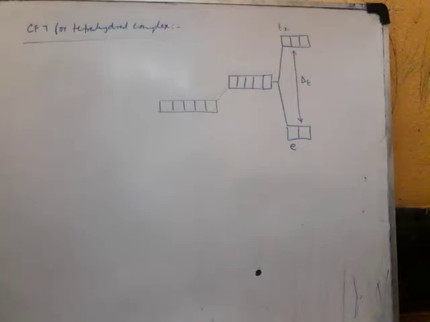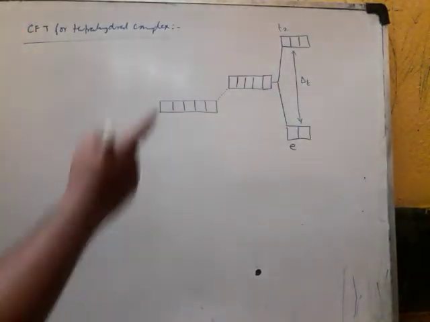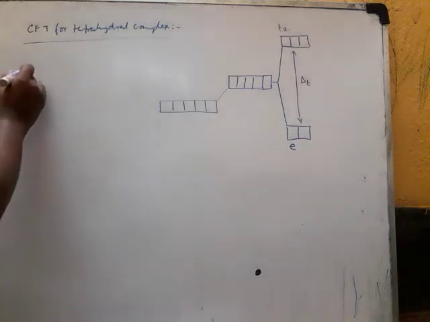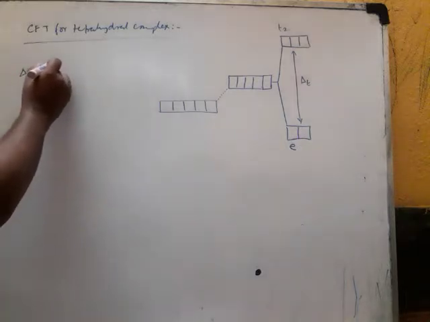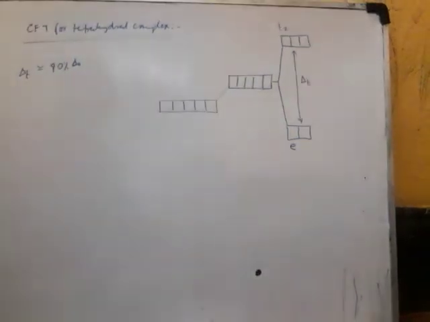Now, the difference of energy, that means delta T, is comparably very low than that of delta O. It is seen that delta T is approximately 40% of delta O. That means the energy difference between T2 and E is much lower than that of the octahedral field.